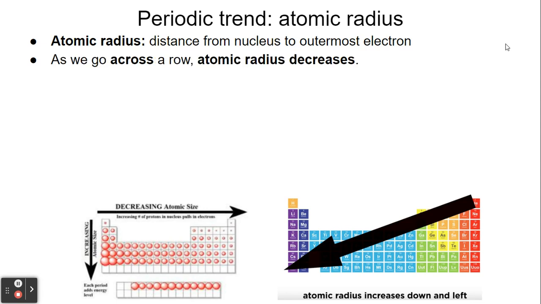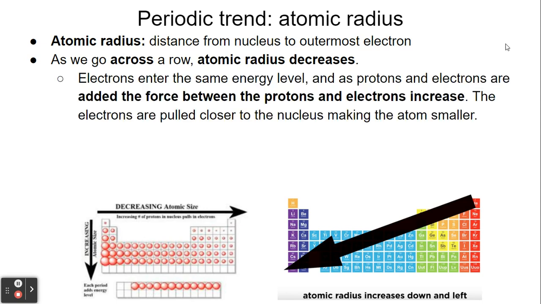Now, as we go across a row of the periodic table, the atomic radius is going to decrease. And the reason for this is because electrons are being added into the same energy level. Think of the ring where those electrons are being added. And so as protons and electrons are added, the force between the protons and electrons increases.